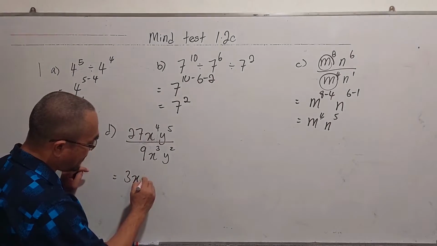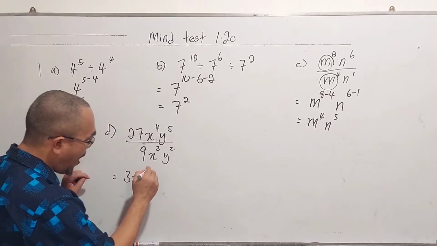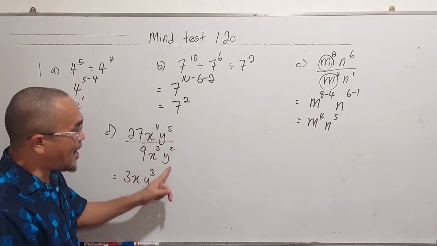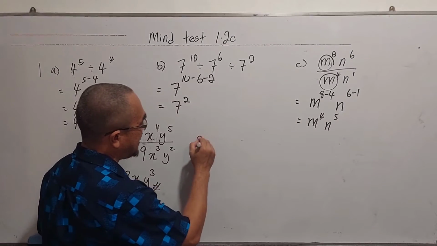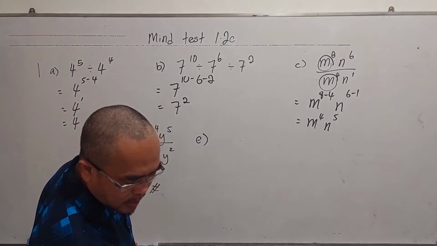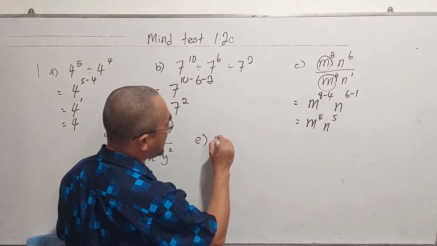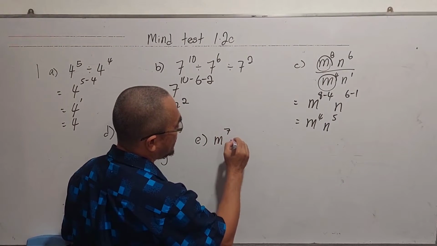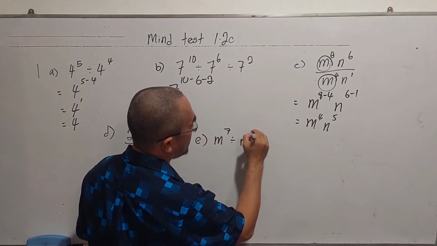About y: y to the power of 3, because 5 minus 2. Next, E. m to the power of 7, divided by m squared, m to the power of 2.